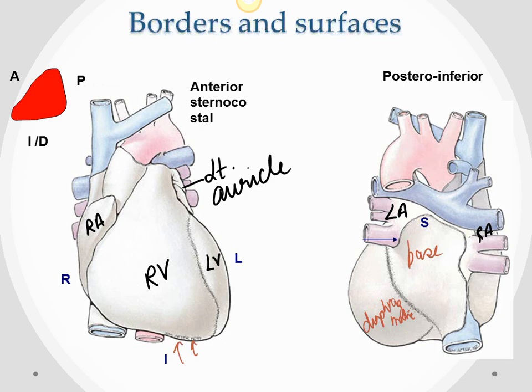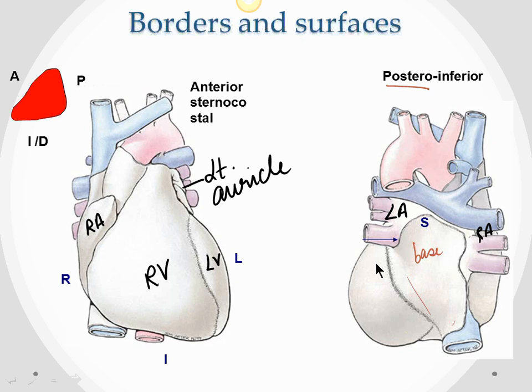And because this part is the apex, anything opposite the apex in a triangle would be the base, right? So if this is the apex, the base would be somewhere here, isn't it? That's why the posterior surface is also known as the base. So all of this area is the base. This is where it's showing you the posterior surface.